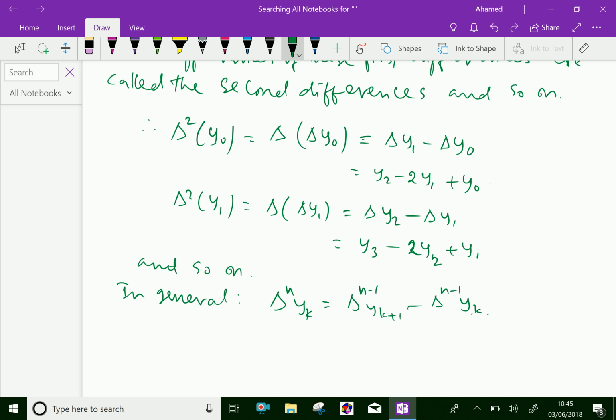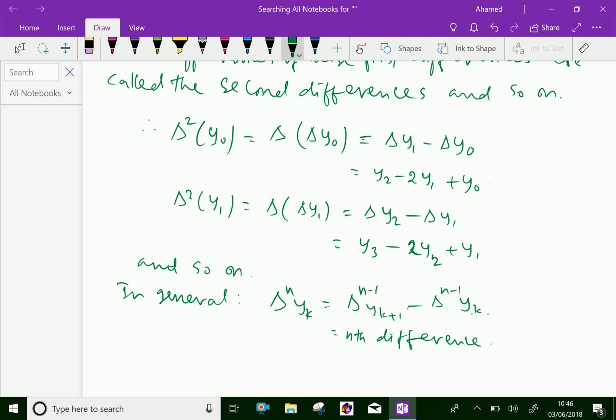This defines the nth difference. This delta power n yk is called the nth difference, where k and n are integers.